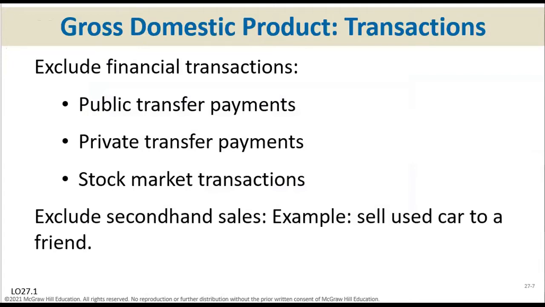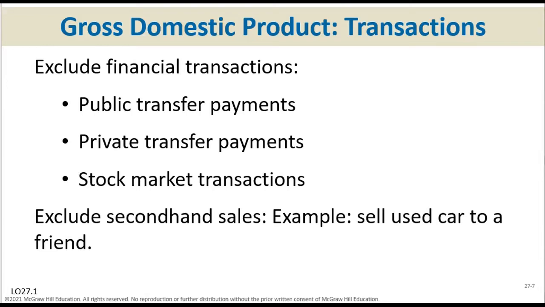So what is included in the gross domestic product versus what is excluded, right? We say the gross domestic product accounts for all the output produced, so non-production transactions have to be excluded from the calculation of GDP. There are two main types of non-production transaction: purely financial transactions and second-hand sales.